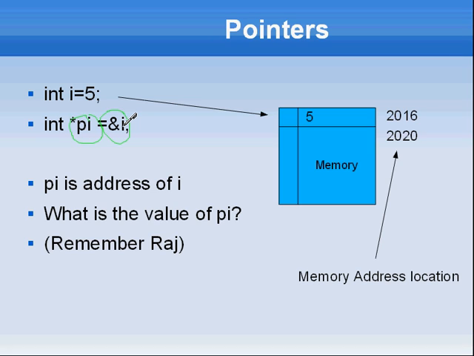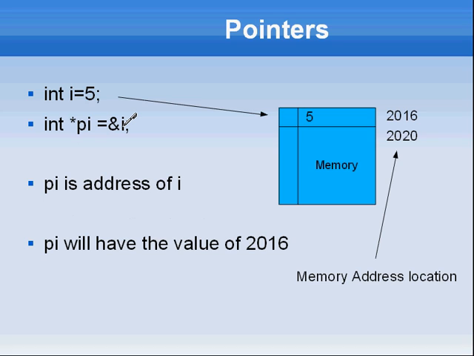Think about it and make a guess. And remember Raj, what is the address of Raj? It's the same analogy. So pi is the address of i, and the address of i, in this particular case, is 2016. So pi will have a value of 2016.